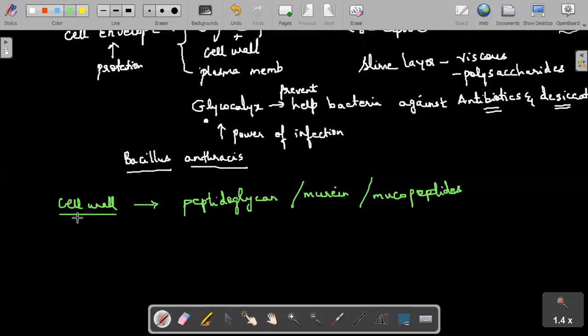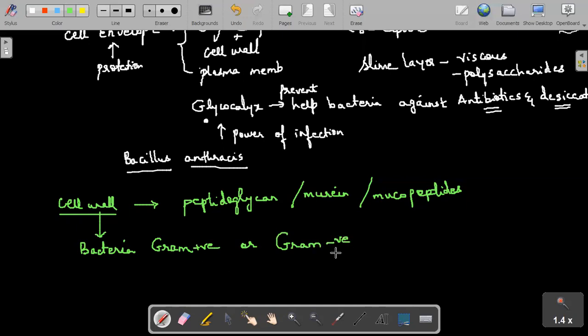Now, based on the cell wall, a bacteria can be gram positive or gram negative. I'm explaining this part to you.